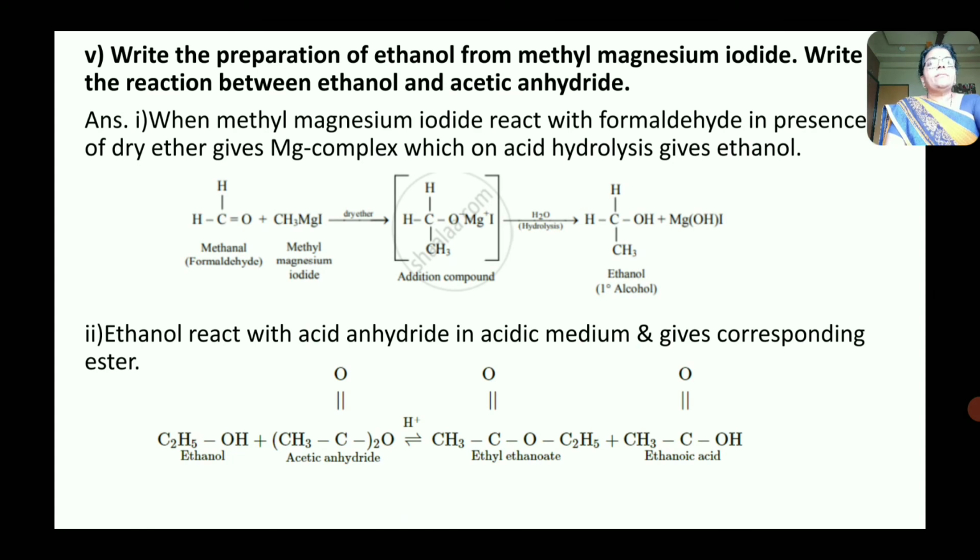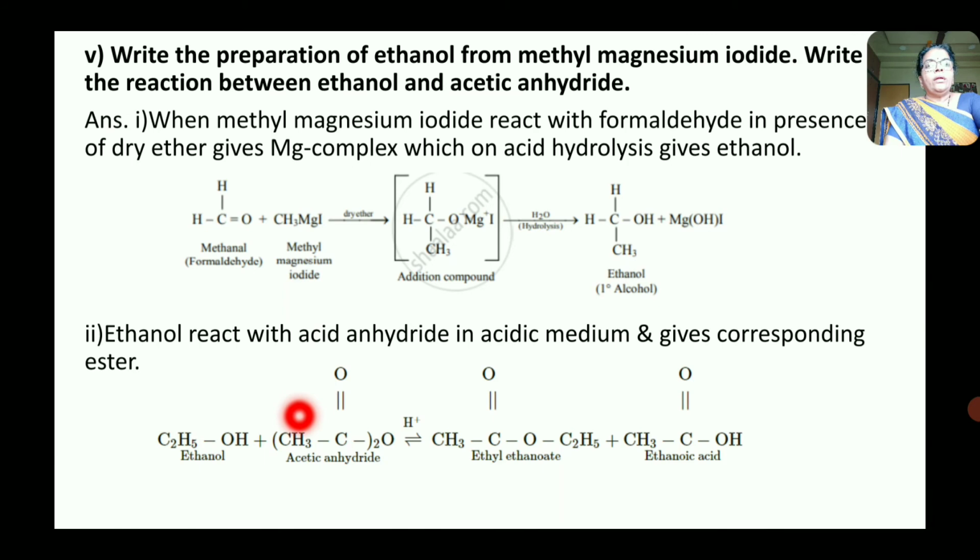Then next, write the reaction between ethanol and acetic anhydride. Now ethanol reacts with acetic anhydride in acidic medium and gives the corresponding ester. This is esterification process. Now this is ethanol and this is acetic anhydride.